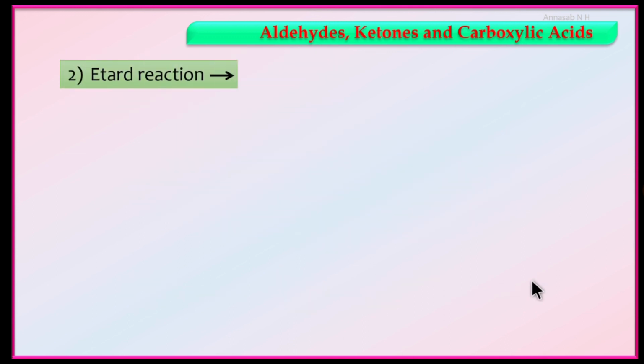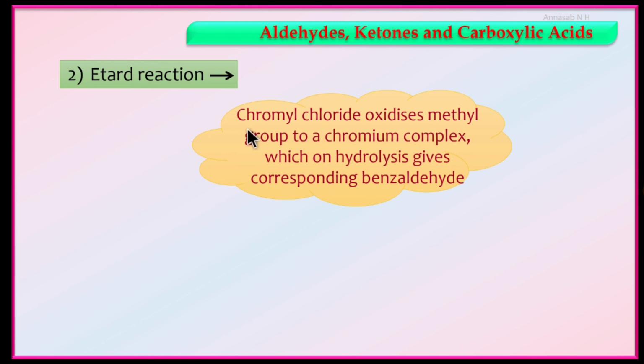Second one, Etard reaction. This reaction also helps to prepare benzaldehyde as a product. So here in this process, chromyl chloride oxidizes the methyl group to the chromium complex, which on hydrolysis gives the corresponding benzaldehyde.